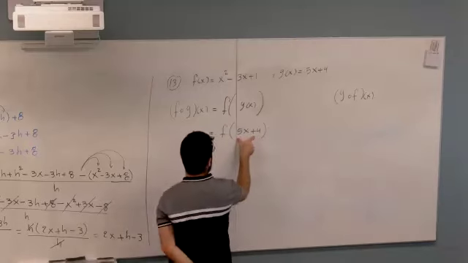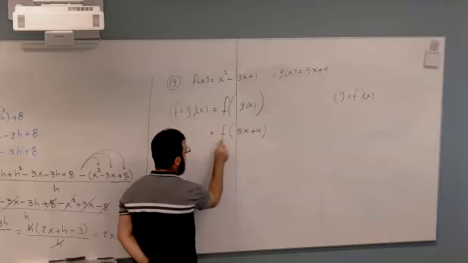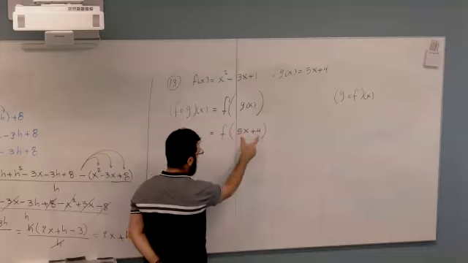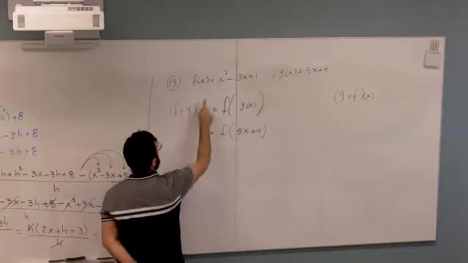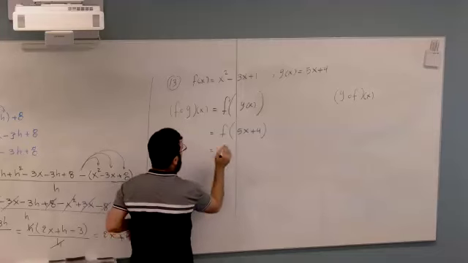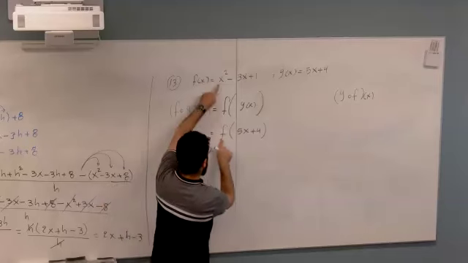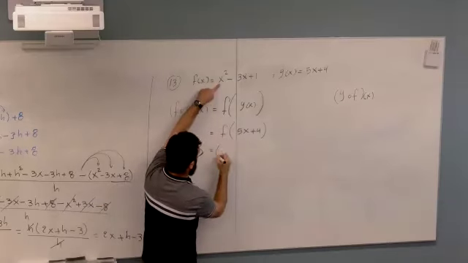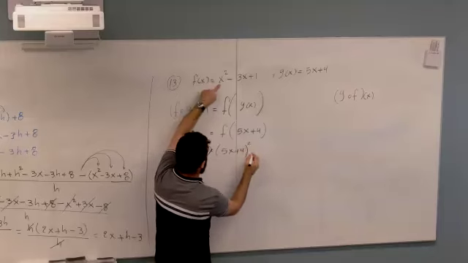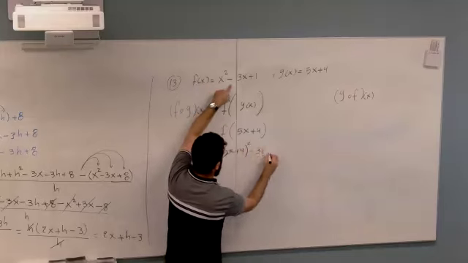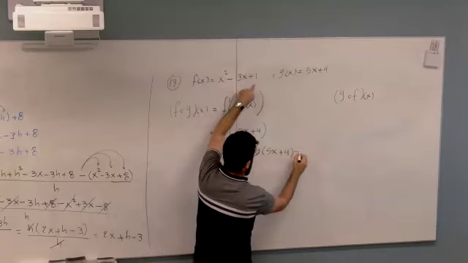So it's going to be (5x plus 4) squared minus 3 times (5x plus 4) plus 1.